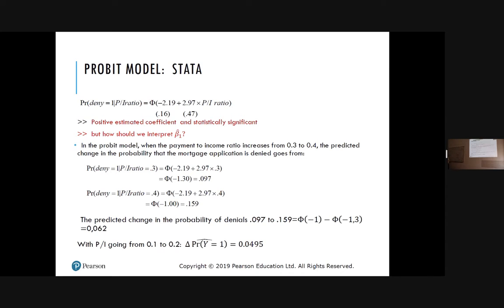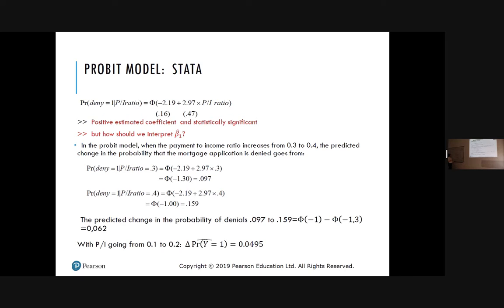Then to evaluate the change in x going from 0.3 to 0.4 in terms of predicted probability of being denied, we just need to compare the red area with the blue area. So after the change minus before the change. So the red area minus the blue area.